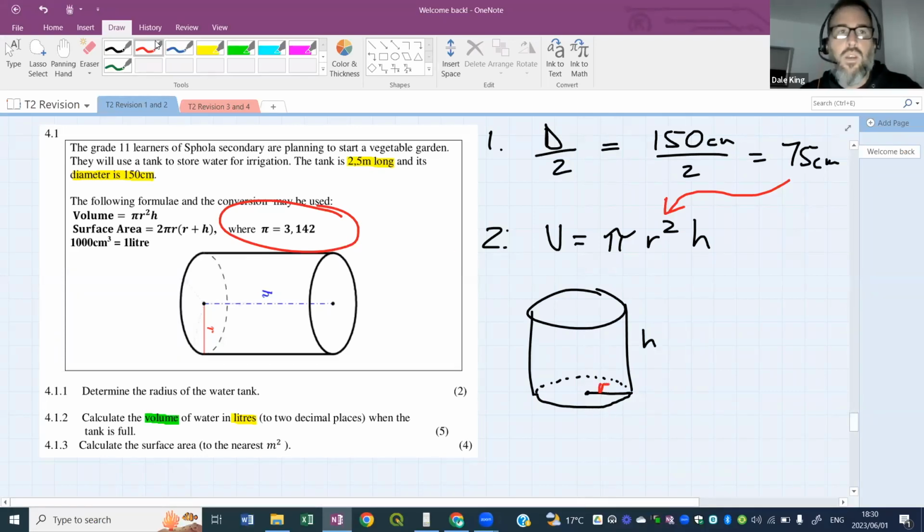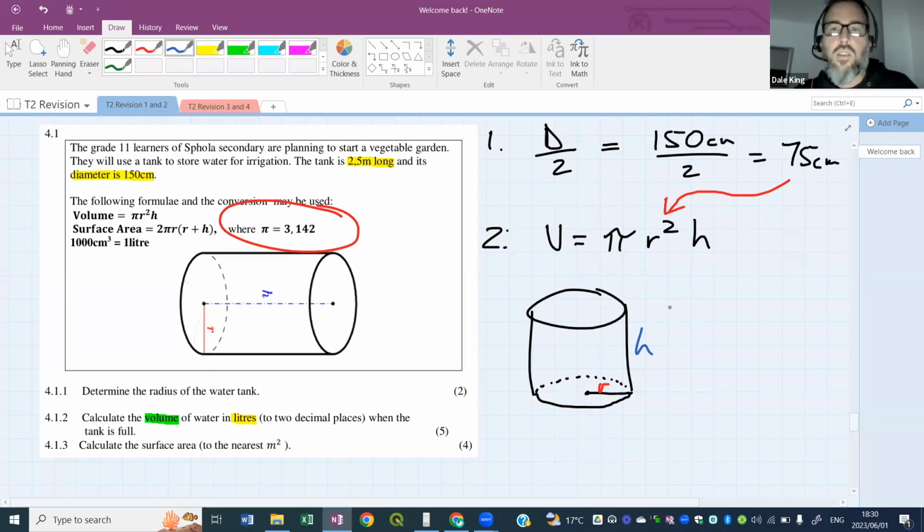So that is our R. We are used to seeing the tank like this, but as soon as you turn it on its side, a lot of students are like, well, what's the height now? Has the height disappeared? Is this the height of the tank now? Up and down? No. The height of the tank standing up is the same. The dimension hasn't changed when it fell over.